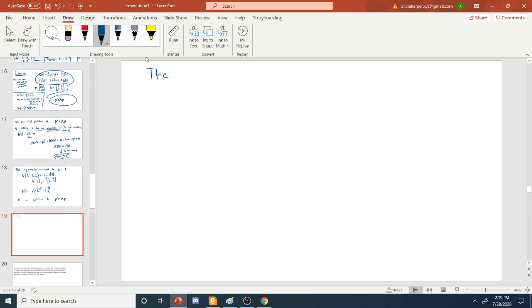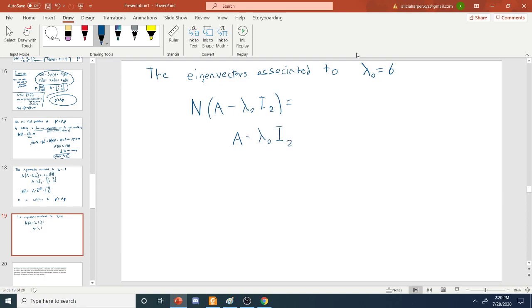So the eigenvectors associated to lambda naught equals 6 correspond to things in the null space of A minus lambda naught I2, where A minus lambda naught I2 is equal to the matrix negative 3, 3, and then 4, and then negative 4.